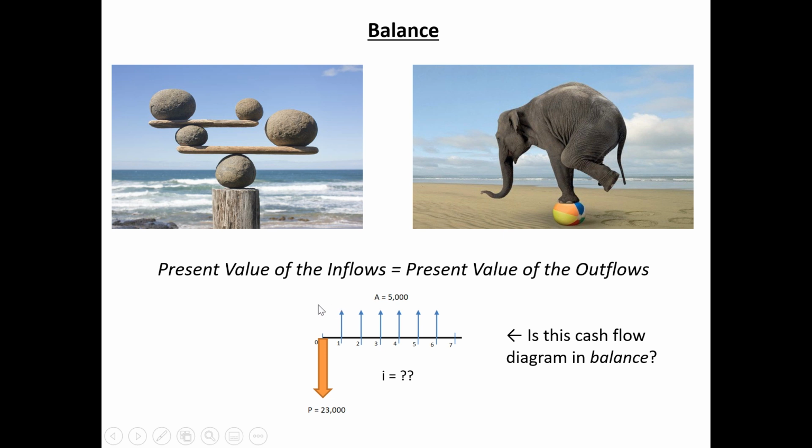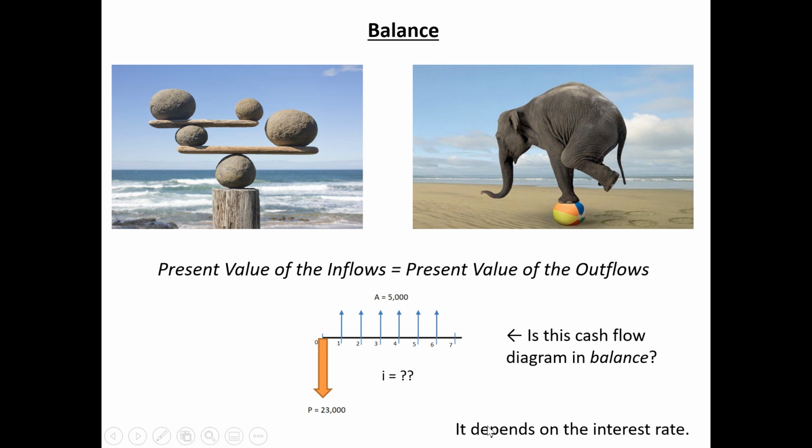And so 30,000 is not equal to 23,000. So that would tell us the interest rate isn't 0, it's some non-zero positive amount. And so we'll go through the process today of trying to solve for the interest rate that brings balance between inflows and outflows. So that's the conceptual foundation for what we're doing today with the in-class exercises.